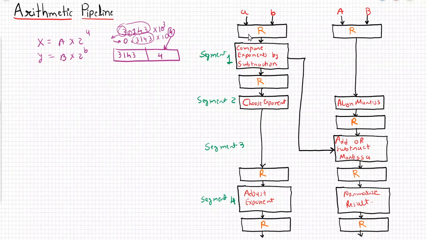Here we will feed the exponents, and here the mantissas will be given, A and B. If we look at the exponent side of the pipeline, we compare the exponents by subtraction, then choose the exponent, then align the mantissa, and then accordingly set the value.